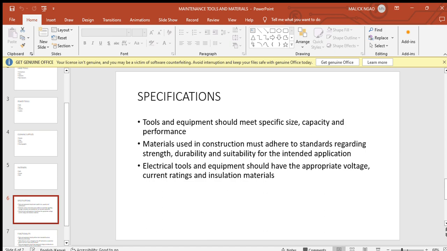Also, these electrical tools and equipment should have the appropriate voltage, current ratings, and insulation materials. When working with these tools, you must ensure that the correct tool is used for the correct job or function to avoid injuries.